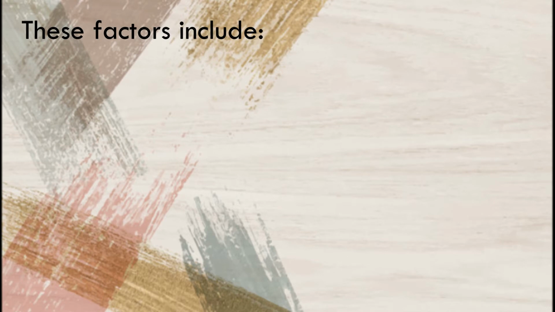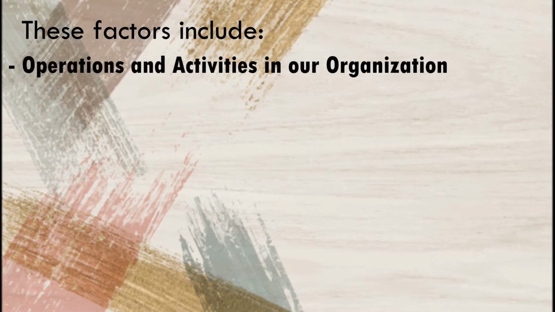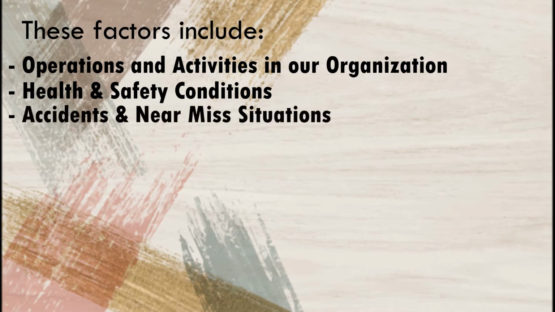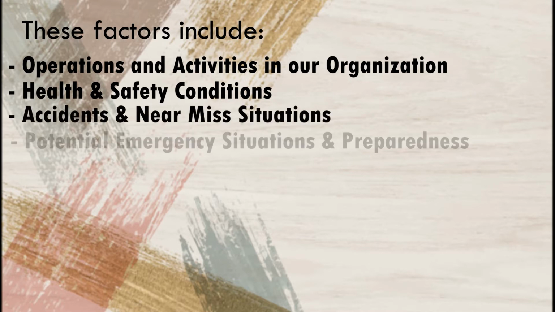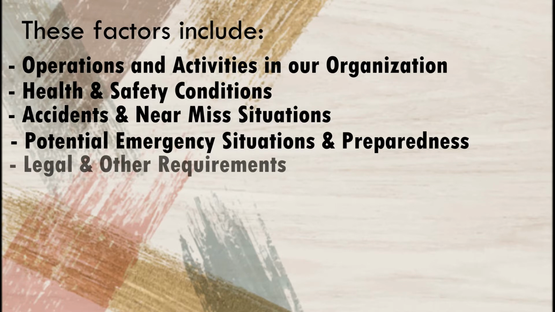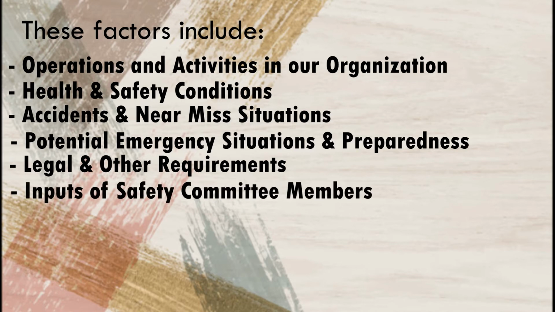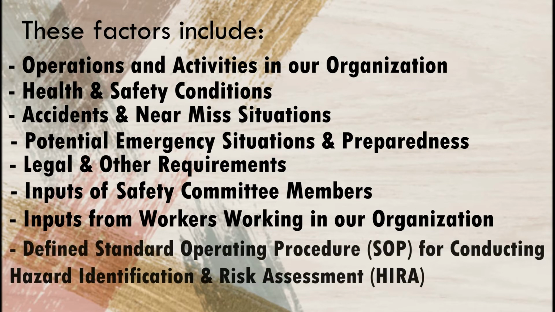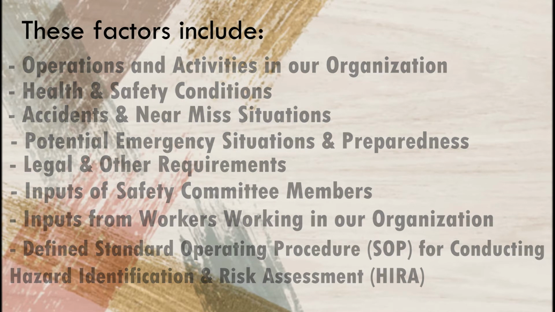These factors include operations and activities of our organization, health and safety conditions, accidents and near-miss situations, potential emergency situations and preparedness, legal and other requirements, inputs of safety committee members, inputs from workers working in our organization, and a defined standard operating procedure for conducting hazard identification and risk assessment.